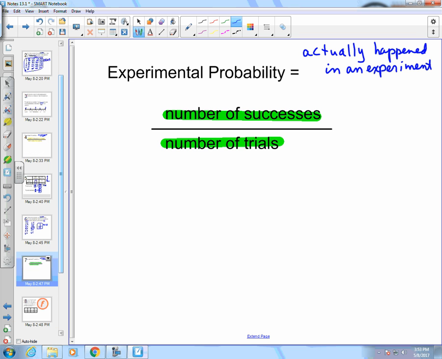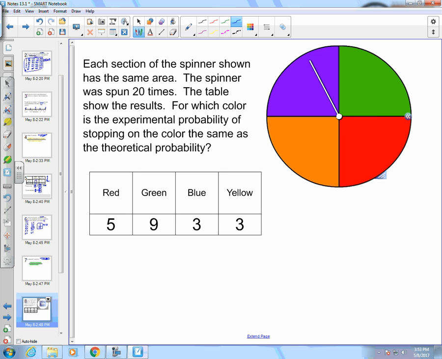So we're going to look at spinning a spinner. And in the spinner, they got red 5 times, green 9 times, blue 3 times, and yellow 3 times. They are wondering for which color is the experimental probability of stopping on the color the same as the theoretical probability. And we know the spinner was spun 20 times.